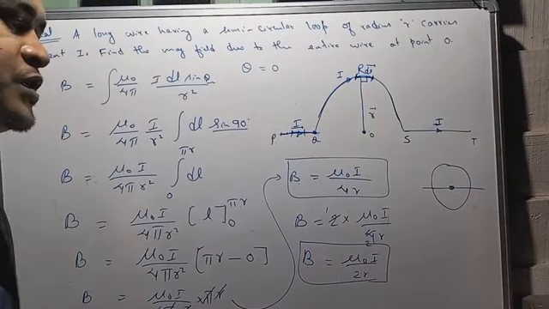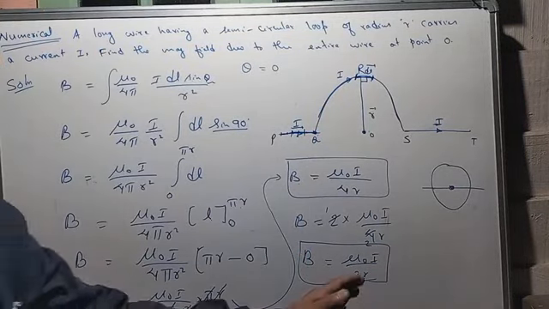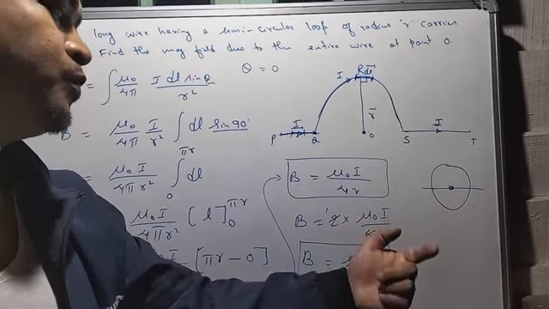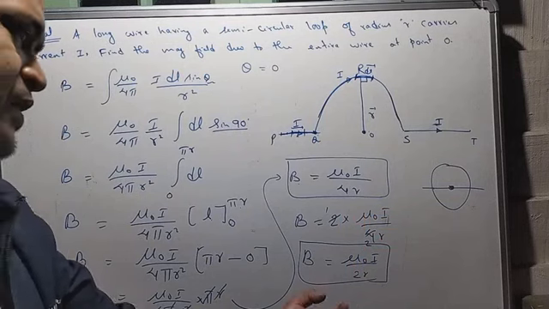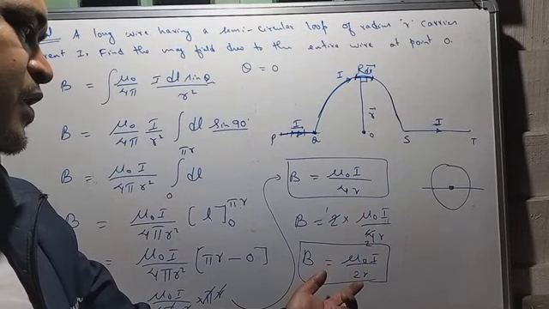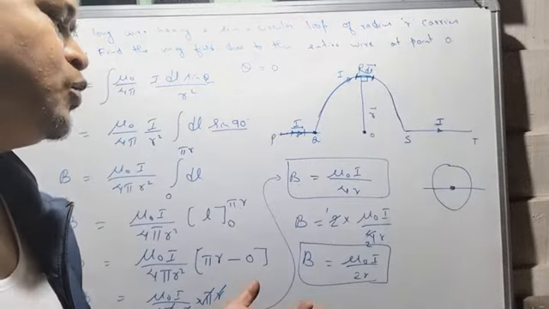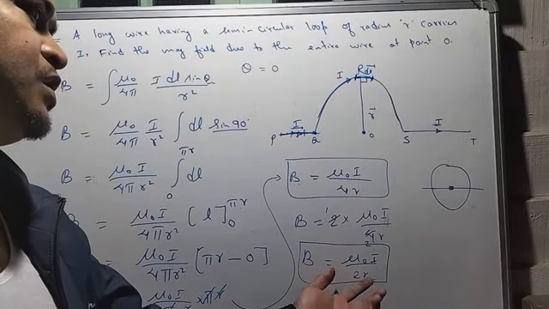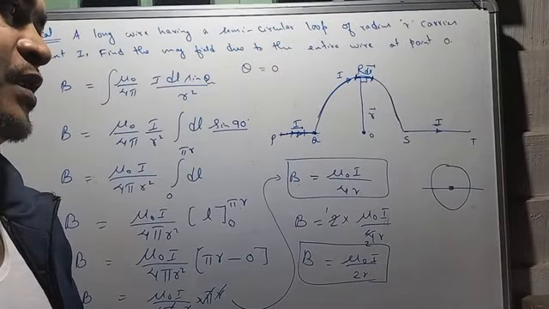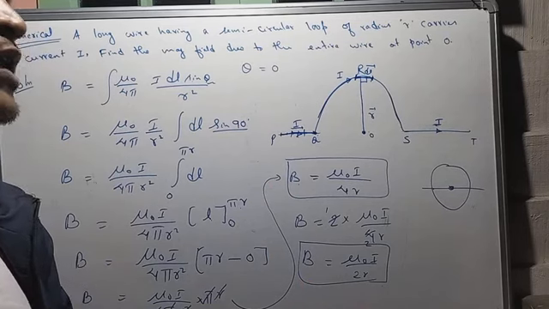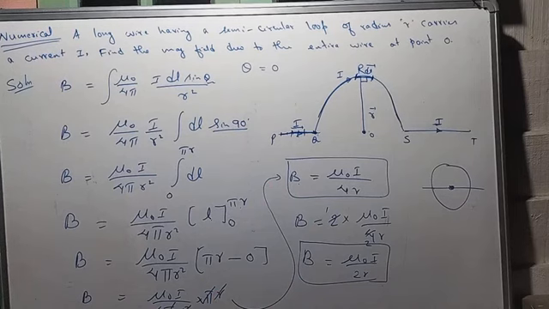So this is the expression for the magnetic field at the center of a circular loop. I think we have done this in the previous lecture video also, about how we get this equation for the magnetic field at the center of a circular loop carrying a current I. So this is the same thing.